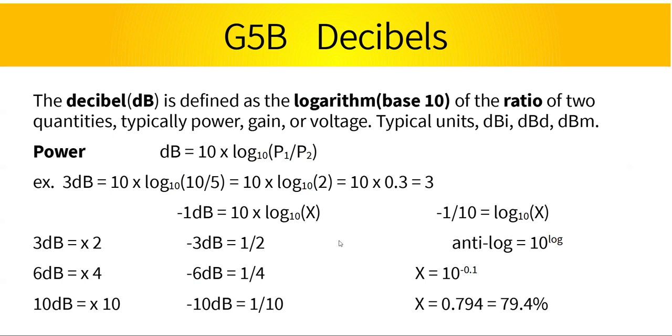6 dB is times 4, 10 dB is times 10, 13 dB would be how much? How many times? 20? Man, you just rattled that off. Well, you ought to be familiar with them. 15 dB is going to be a little less than 40.